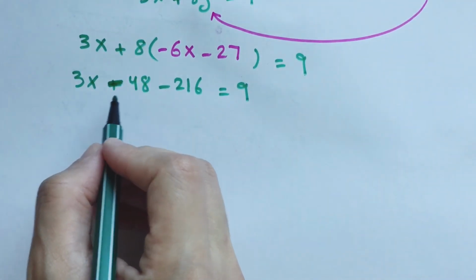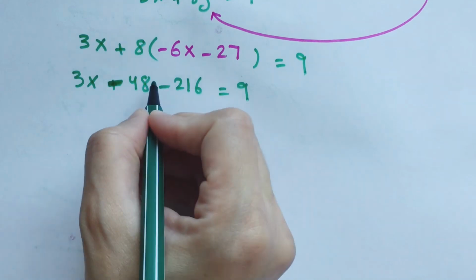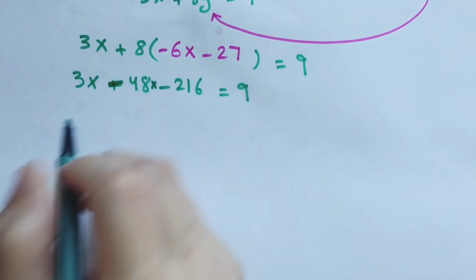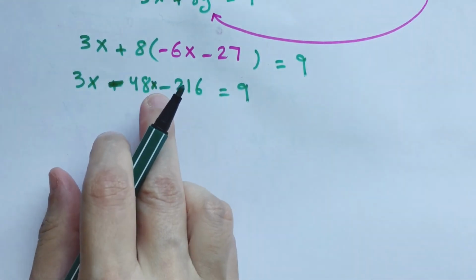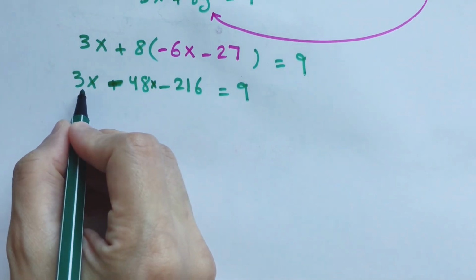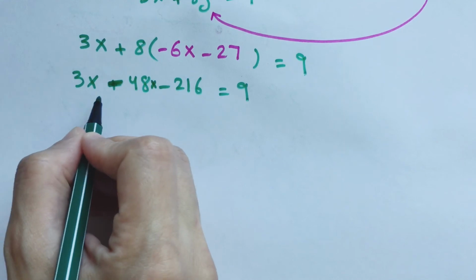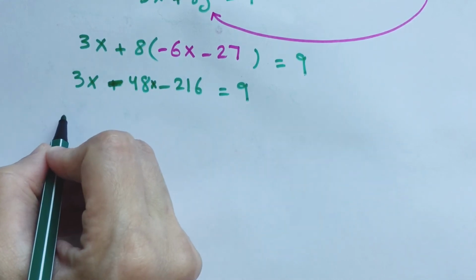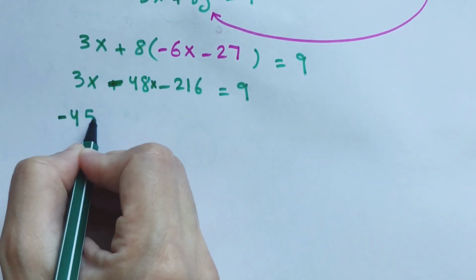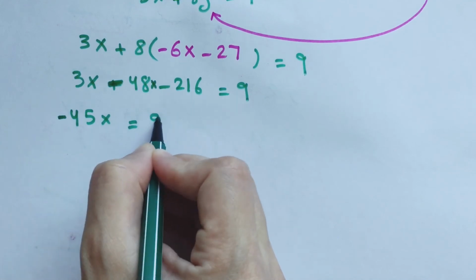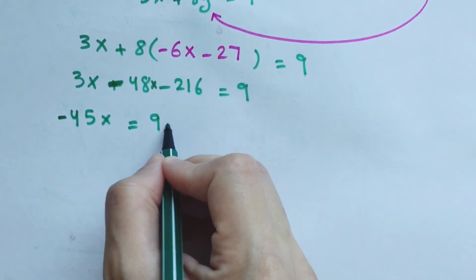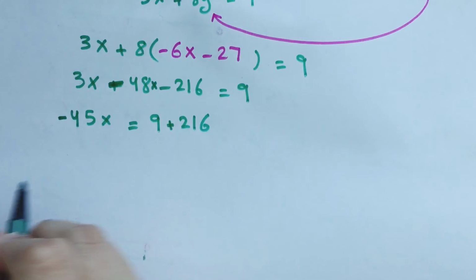Now I'll bring all the numbers here. Sorry, here we have x, I didn't write it. So negative 48x. So now we have 3x minus 48x, with positive and negative we subtract and we put the sign of the bigger number, so it will be negative 45x equals 9. I bring the negative 216 to the other side, it will be plus 216.